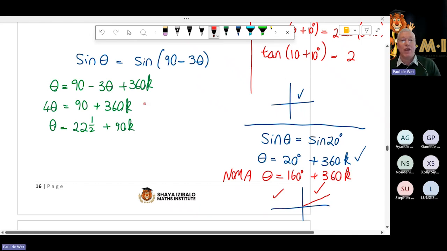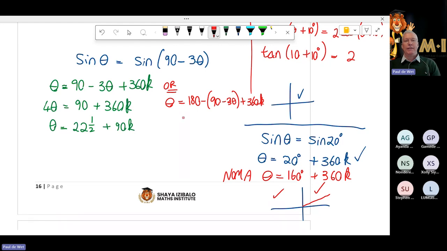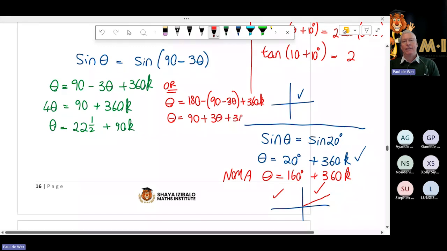And so the answers that you haven't got here: when you said theta is 90 minus 3 theta, you could have and should have also said, or theta is 180 minus (90 minus 3 theta) plus 360k. Guys, people find this really, really hard. If you simplify this one, you get theta is 90 plus 3 theta plus 360k.